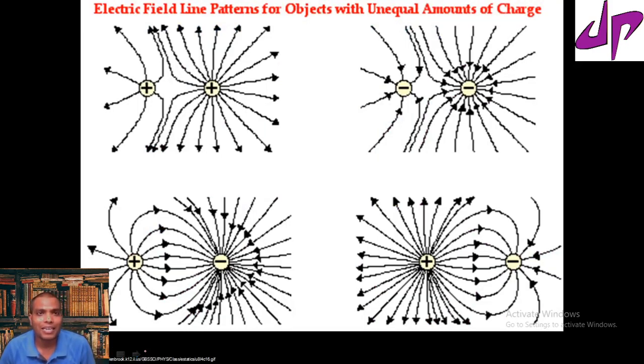Now, let us take different electric field patterns for objects of unequal amount of charges. Suppose if we take unequal amount of the charges, here you can see at here the electric field lines are more.